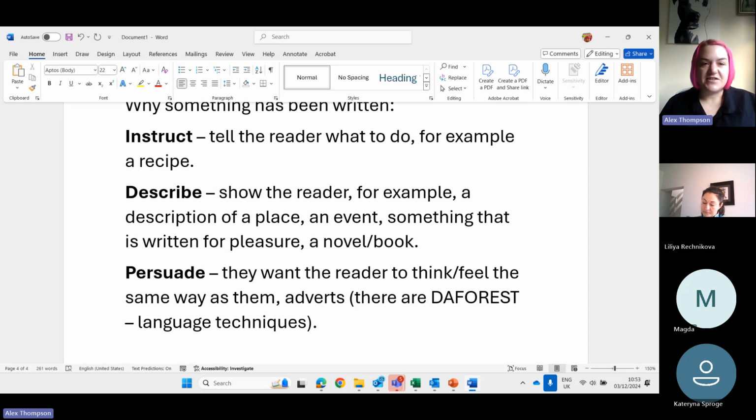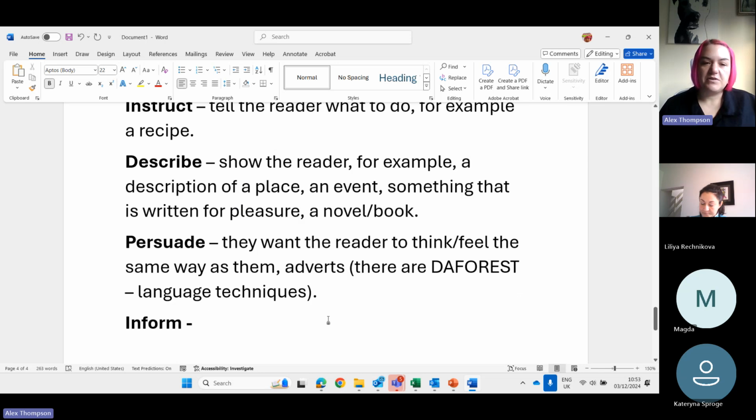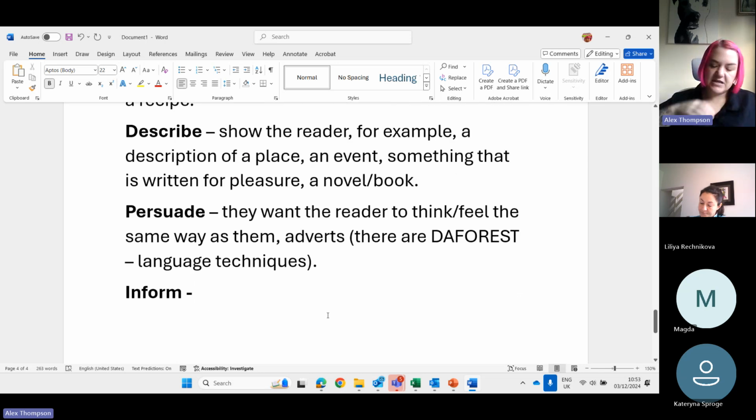So text, they instruct, they describe, they persuade, they inform. I would like to be able to tell you that newspapers just give you information. It used to be a lot simpler.